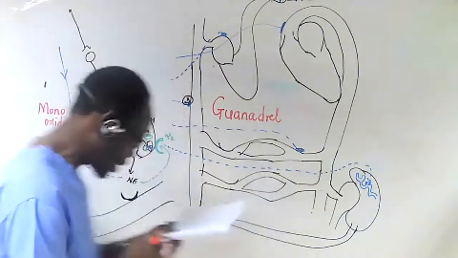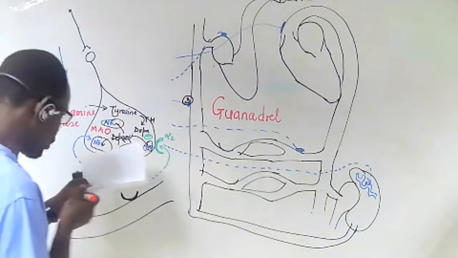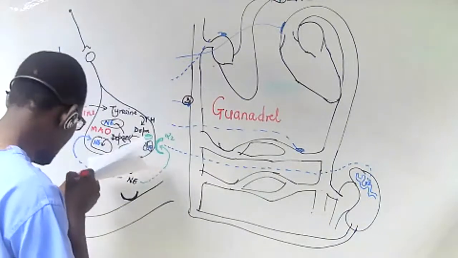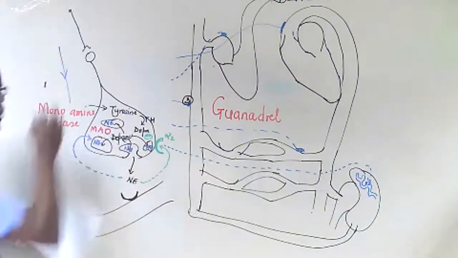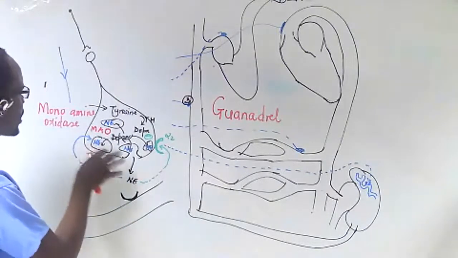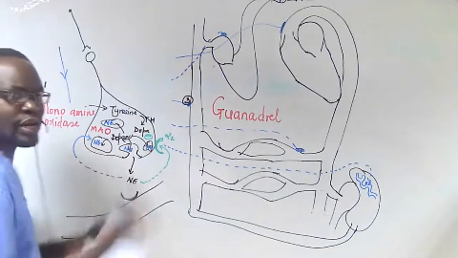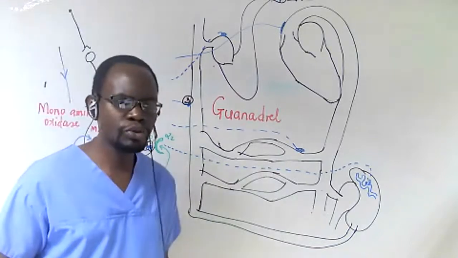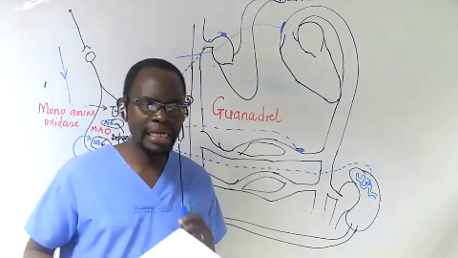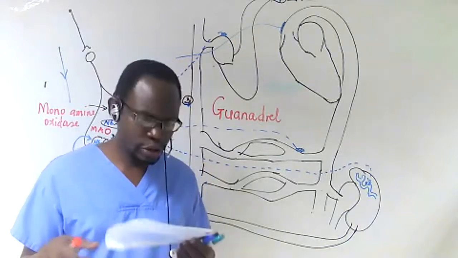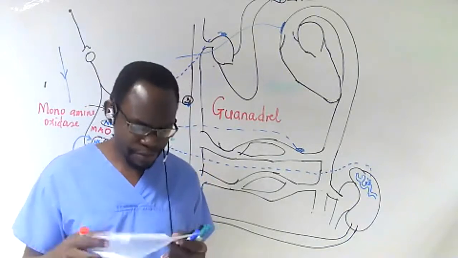When an action potential comes, there will not be release of norepinephrine. Instead, that drug will be released, and of course it will not produce any effect since it is not norepinephrine.